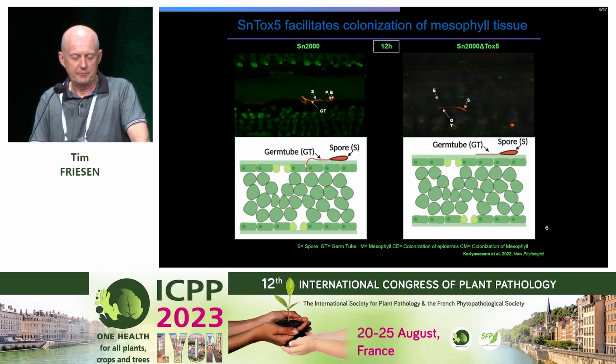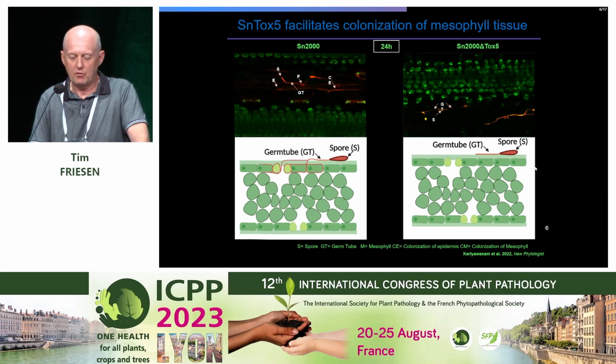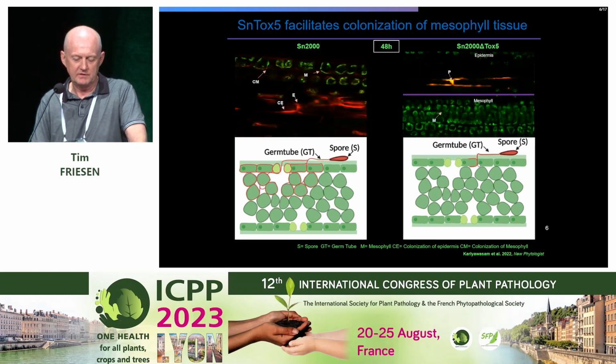You can see that the wild type quickly penetrates the epidermis. Over here we just have almost a searching for a penetration point. At 24 hours, similar, we continue to have mycelial growth on top of the surface, whereas in the wild type, you have more extensive colonization of the epidermis. By 48 hours, we're starting to get colonization in the knockout, but in the wild type, we have strong colonization of both the epidermis and the mesophyll.